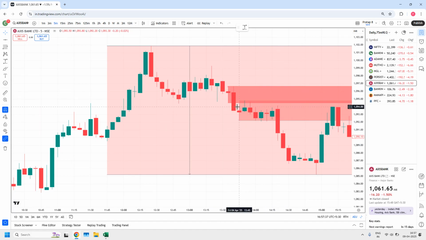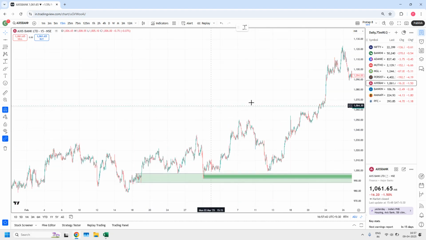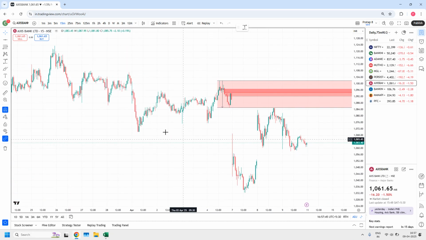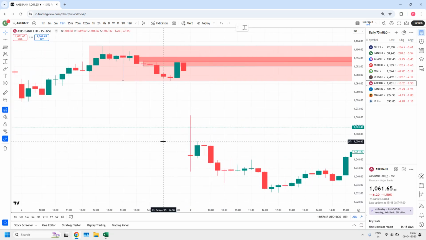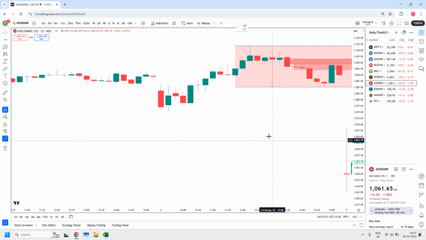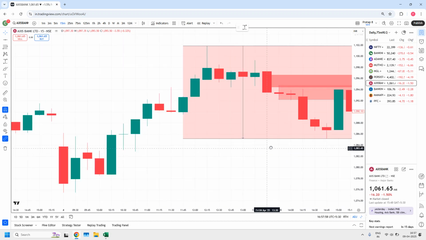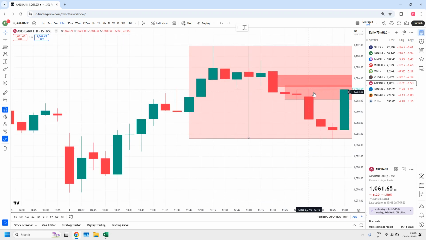This is a drop-base-drop. From this drop-base-drop, go to the 15-minute time frame. They picked up the orders. Actually, they didn't pick up the orders also.